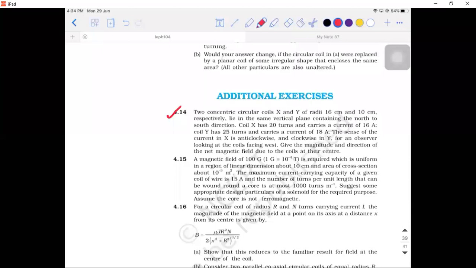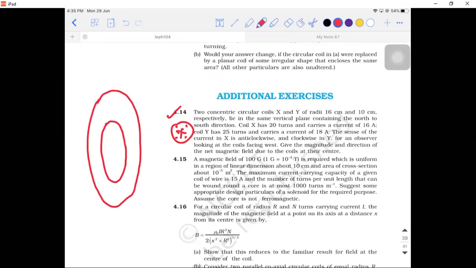So how do I do it? You need to read the question carefully and mark this as important also. Two concentric circular coils X and Y of radii 16 centimeter and 10 centimeter respectively lie in the same vertical plane containing the north to south direction. So one coil is like this, the other coil is going to be like this.